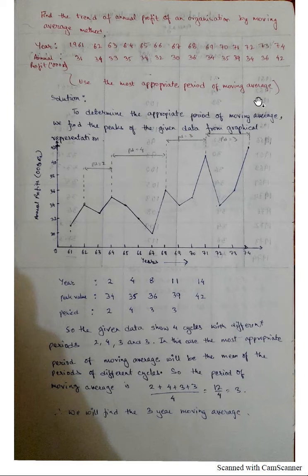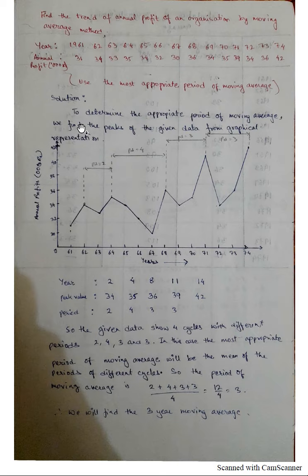Since we are not given what period we should use as one cycle, we'll plot this data graphically and see what period can be most appropriately used as one complete cycle to represent the entire data.